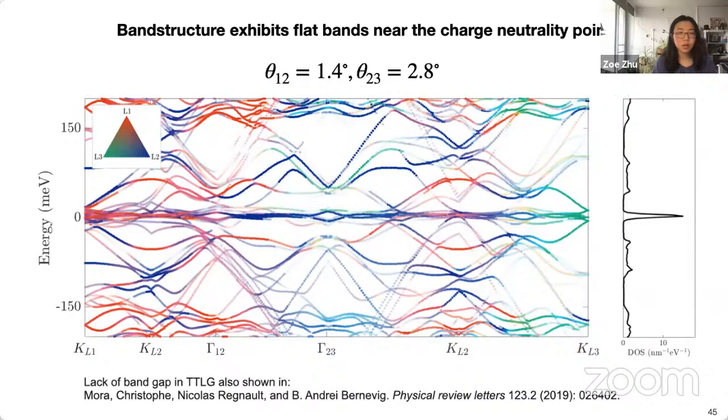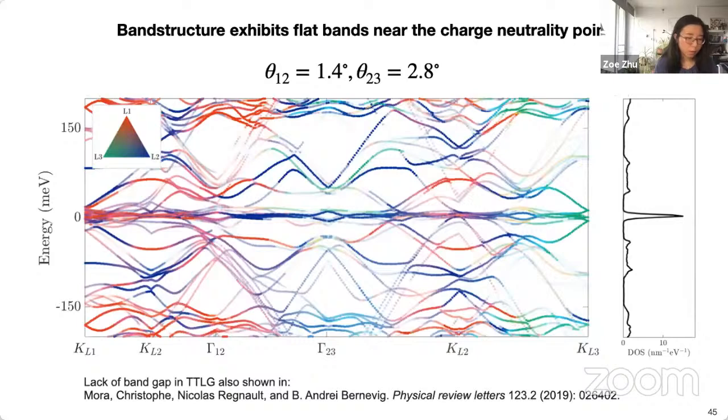This is the consequence of the complex basis set of the trilayer model, because the basis sets have many non-overlapping degrees of freedom, and we don't really have a Brillouin zone. So I'm just cutting through a high symmetry line. So this is not really a periodic band structure.